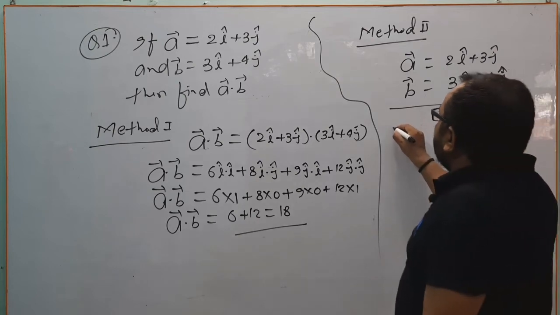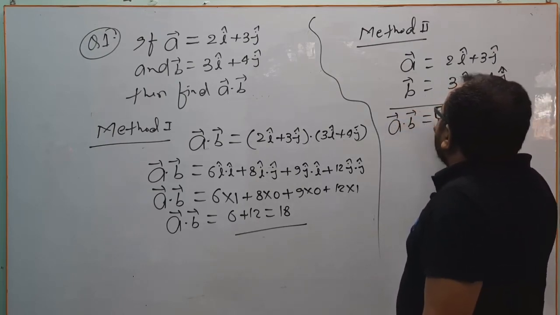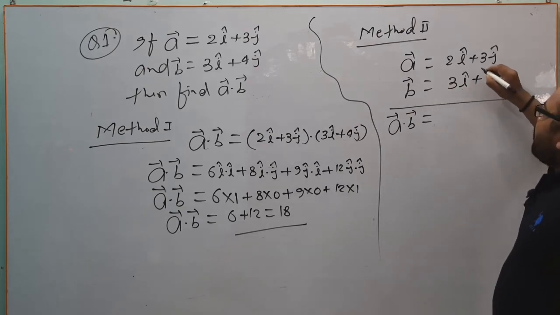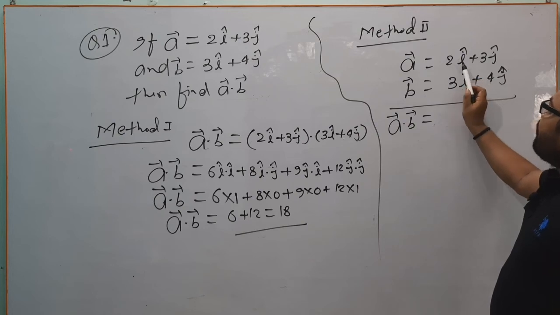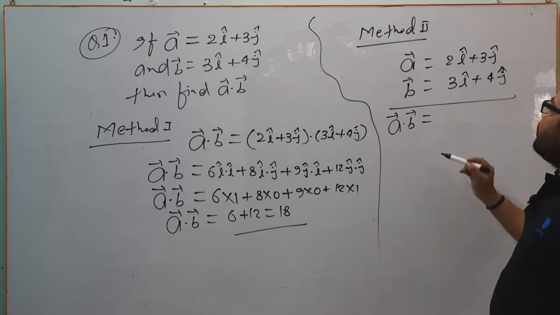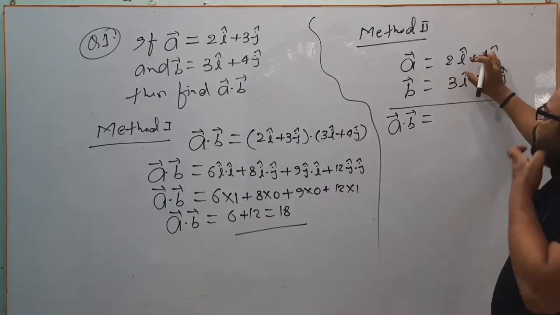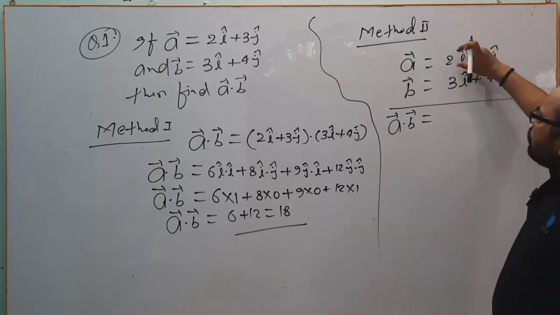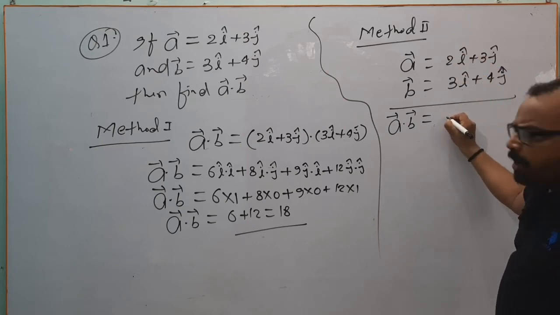So we can write A dot B is equal to only the product of the coefficient of i cap with the coefficient of i cap in the second vector. It means only the coefficients of two similar orthogonal unit vectors are taken together in the form of a product.